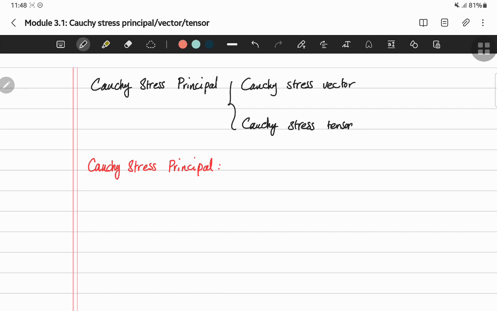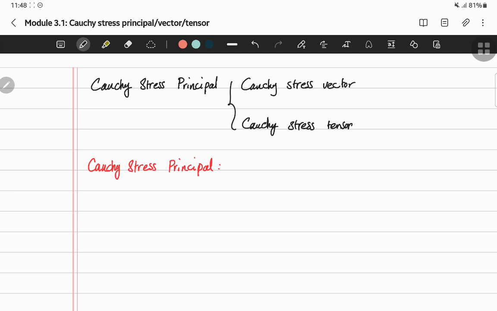So far we discussed the deformation, the concept of strain, and we introduced several strain tensors, in the absence of force. But in this module and in this chapter of the book, we're going to include the concept of force, and we develop some other kind of tensors, which lands us in the concept of stress.